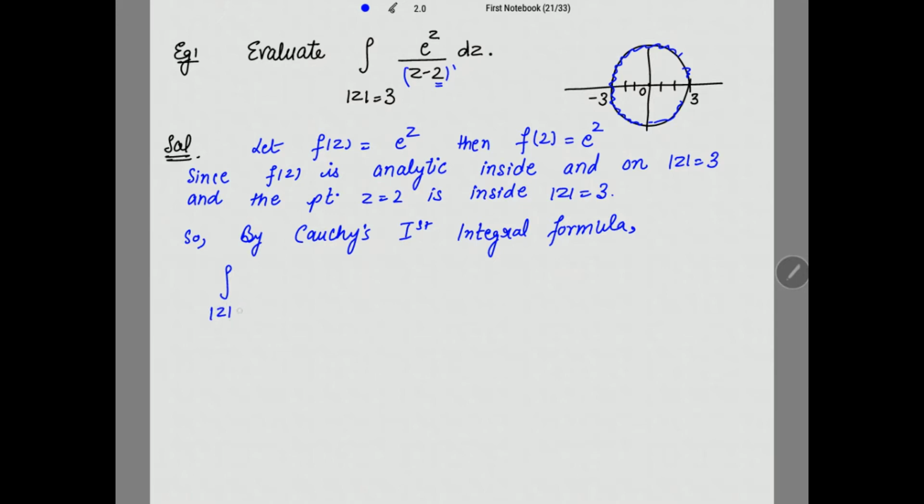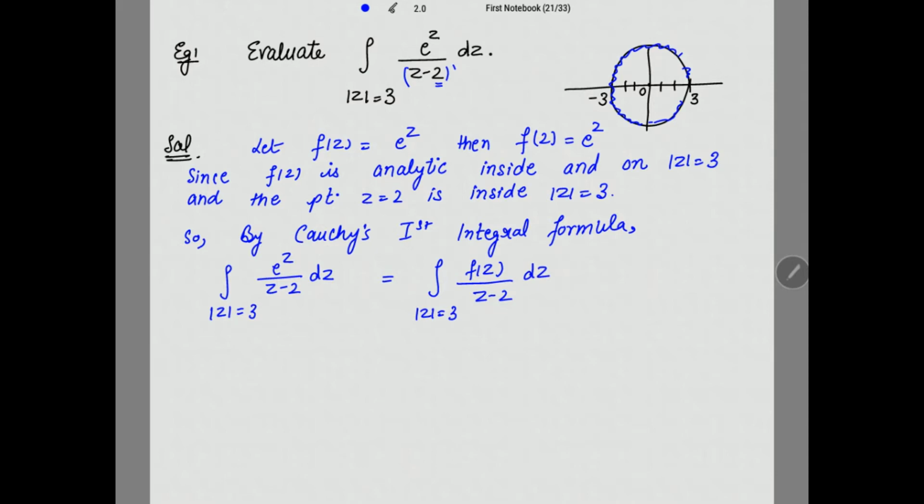C contour is mod z is equal to 3, and e to the power z over z minus 2 dz. This can be written with f of z instead of e to the power z: f of z over z minus 2 dz.